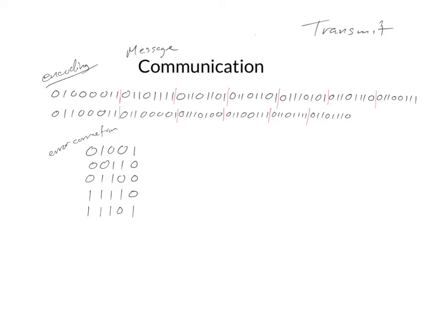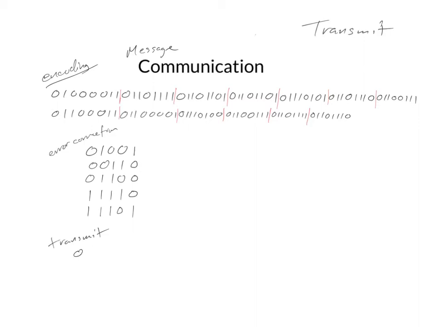And now I need to get ready to transmit. I need to figure out what I'm going to transmit. Well, that's easy to do. I'm just going to read from left to right, top to bottom, just like in a book, and I'm going to copy it down.